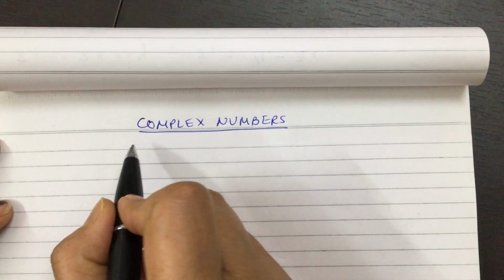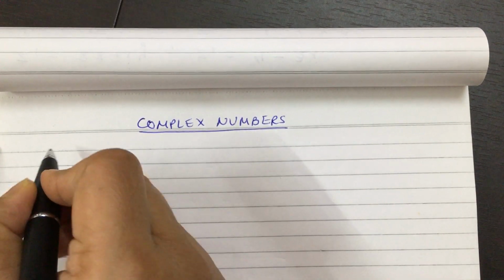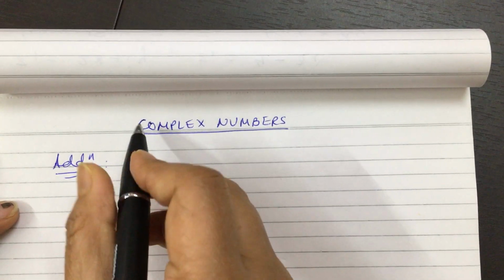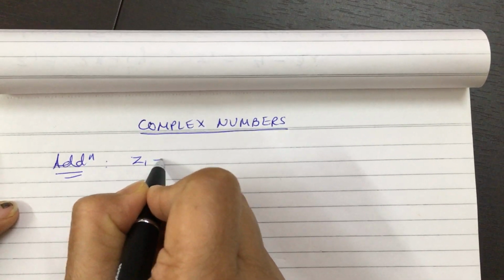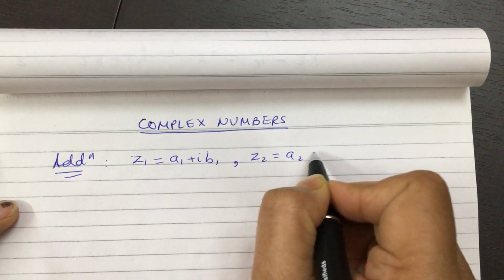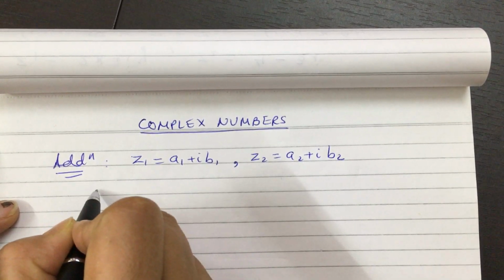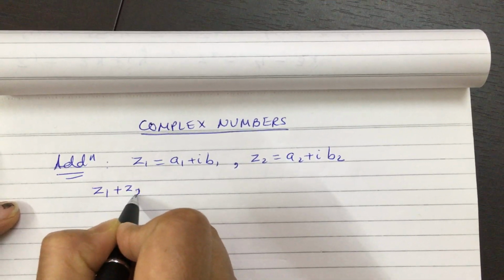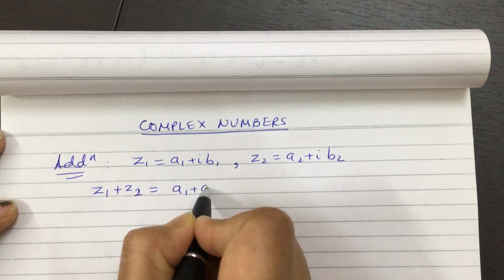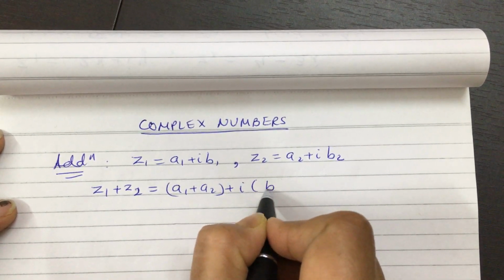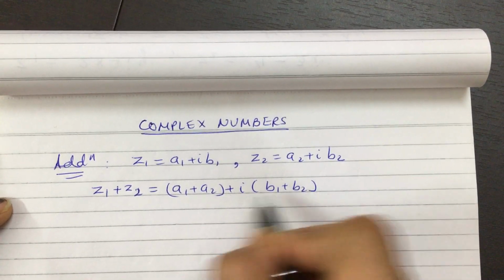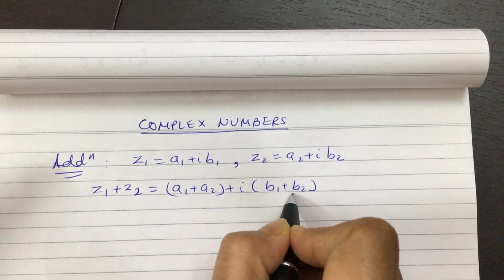In the previous class we had discussed addition of complex numbers, which says that if we are given two complex numbers z1 equal to a1 plus ib1 and z2 equal to a2 plus ib2, then z1 plus z2 is another complex number having the real part as the sum of the two real parts and the imaginary part as the sum of the two imaginary parts. So this is a complex number.